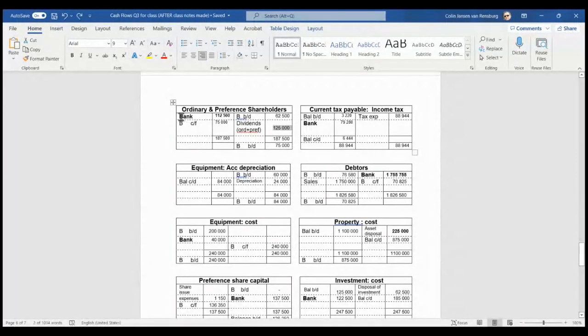So we can already see that our contra account is going to be the bank account. And if our contra account is the bank account, it means it represents the flow of cash. And if it represents the flow of cash, it means it is an item that we have to disclose on the face of our statement of cash flows when we are using the direct method. So now we can go and balance this account off. So we add the 62,500 plus the 125,000 rands, ladies and gentlemen.